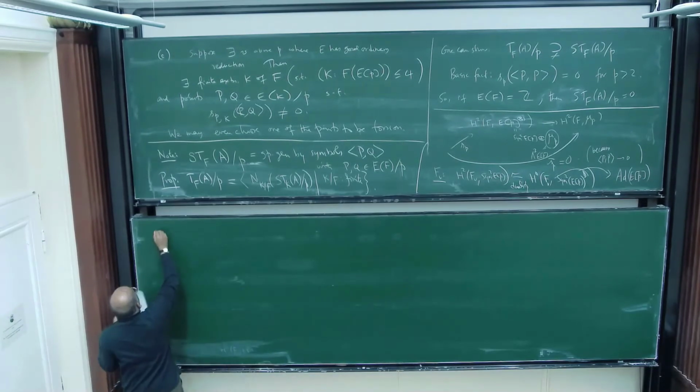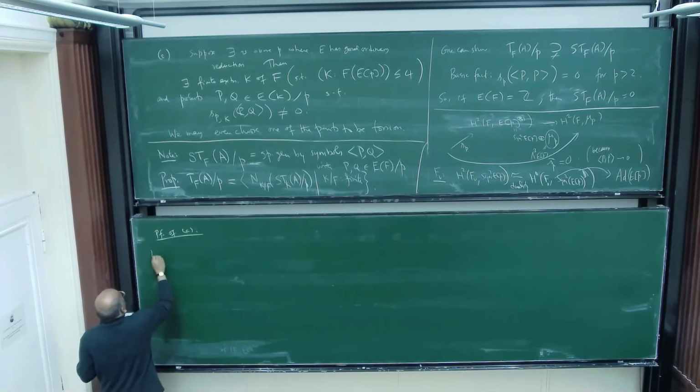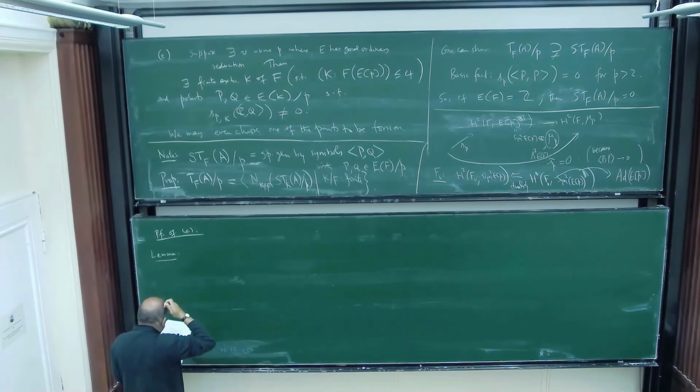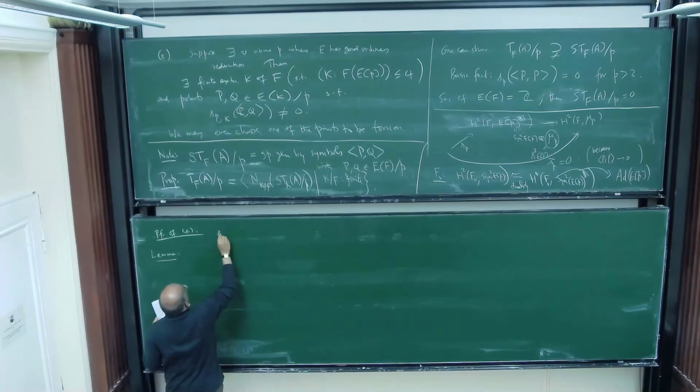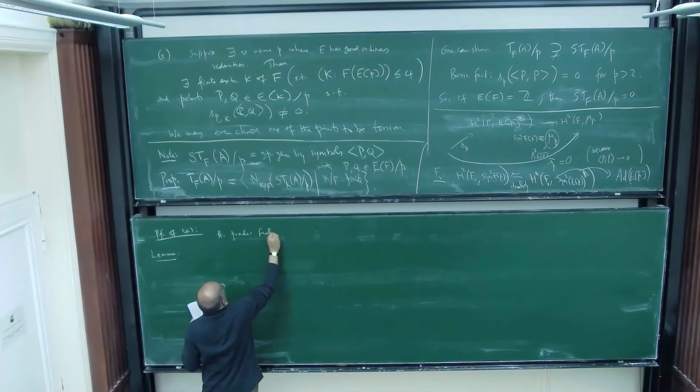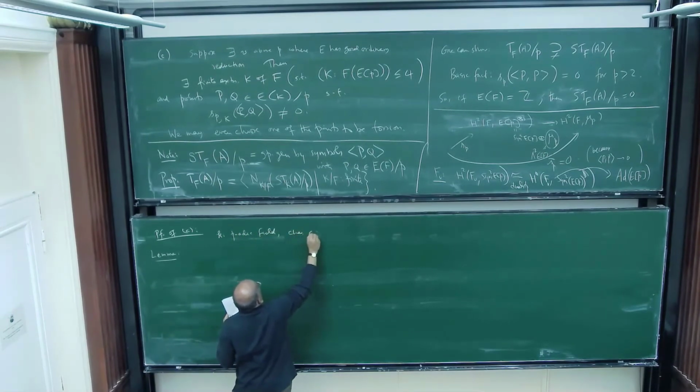So the point is that, okay, now I'm going to talk about the proof of C. First of all, this is a lemma from non-Archimedean geometry. Let's say here K is a finite extension of Q_p. I'm going to assume characteristic 0, may not need to.